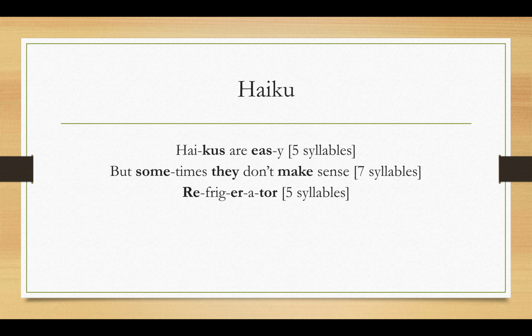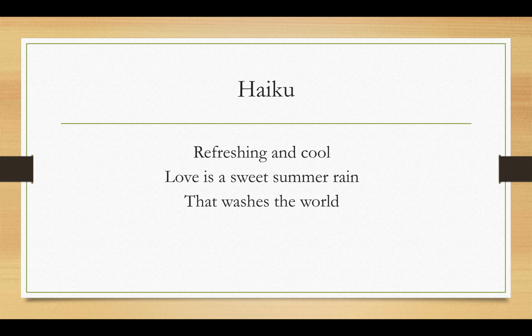The next line is 7, but sometimes they don't make sense. And then 5, refrigerator. So they don't always have to make sense. This one's a little wonky. Of course, you want them to be a little more relevant to each other than just randomly adding a word like refrigerator. So here's an example of one.